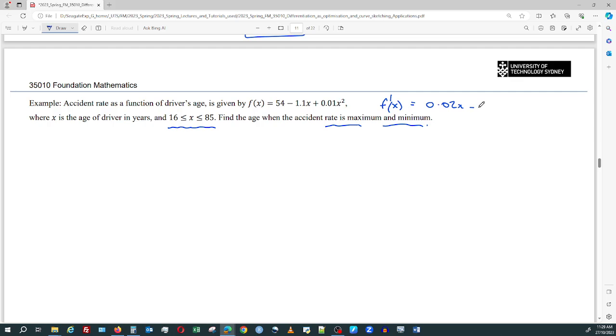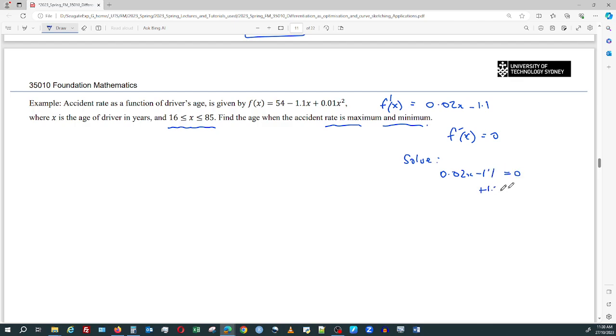So yeah, very straightforward as a derivative. What we want to do is set f dash of x to 0, which means we have to solve 0.02x minus 1.1 is equal to 0.